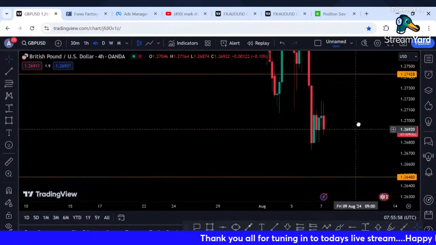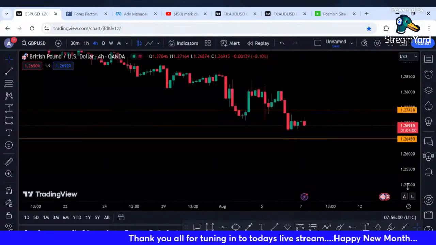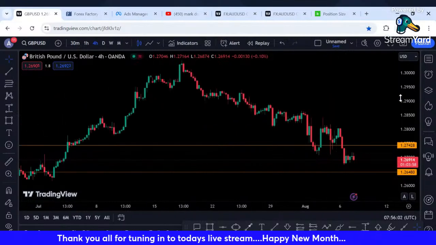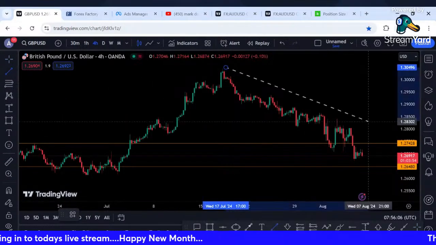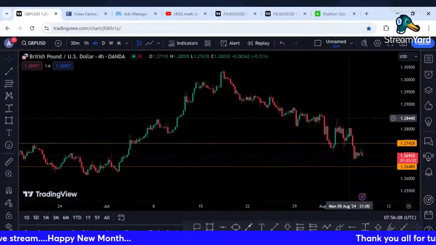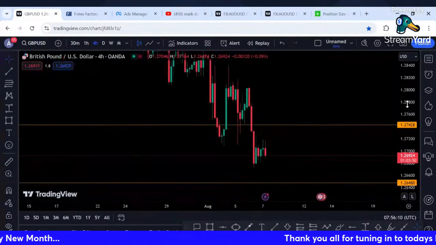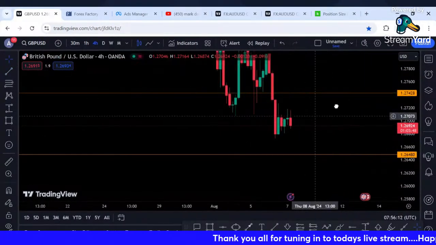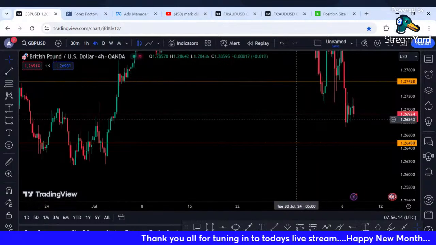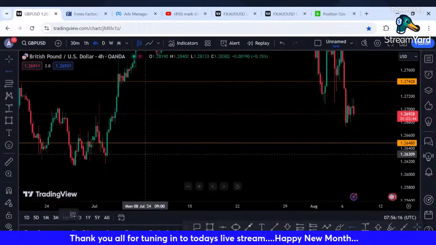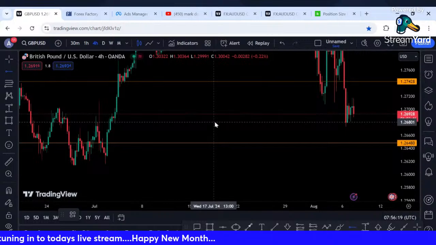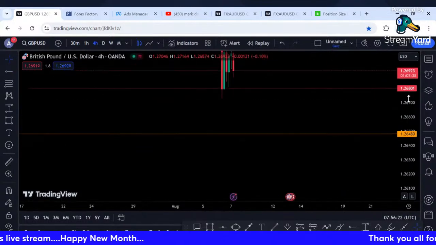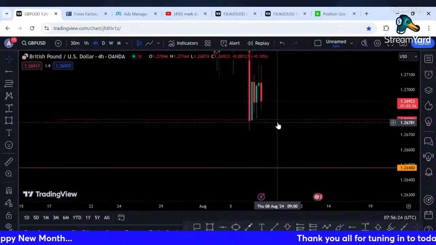The H4 is a downtrend. You don't need trend lines to tell you where the trend is. So looking left, the only key area is this point on the H4 time frame.